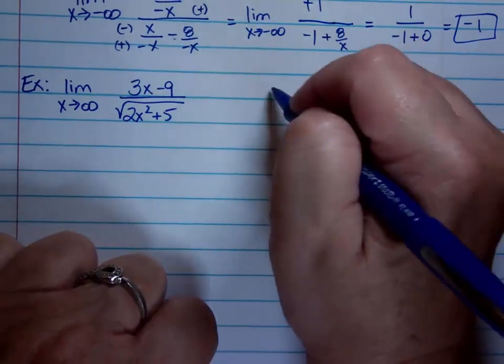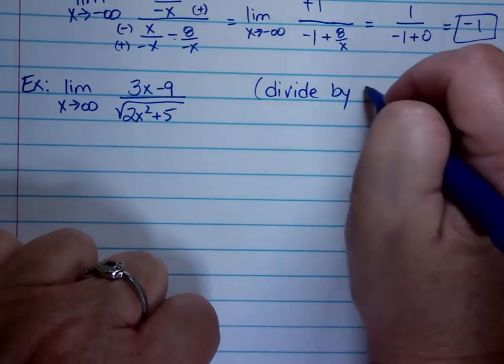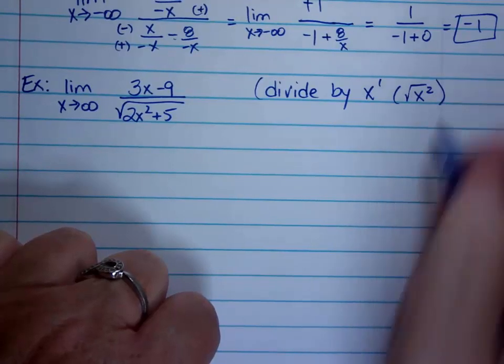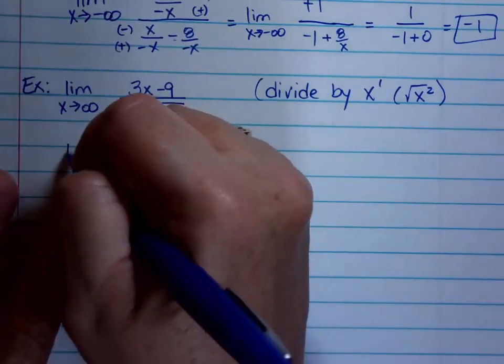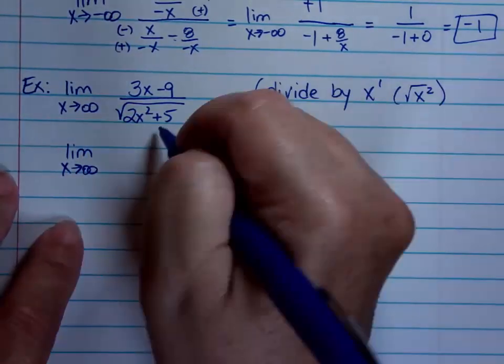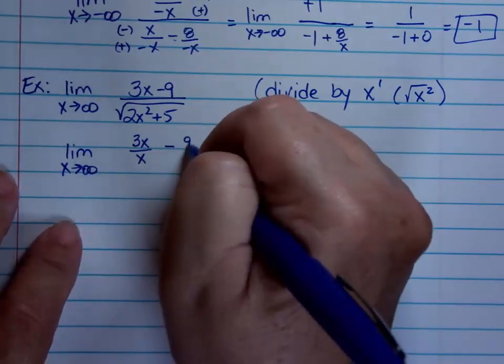So that's why we're doing it that way. So we're going to divide by x to the first, or the square root of x squared for the bottom. Now what's going to happen is it's going to look different top and bottom because of the radical. And in order to simplify the bottom, I have to put it in the radical also. So here's how it's going to look. We're going to write limit as x approaches infinity. Top we're just going to divide by x. So it's 3x over x minus 9 over x.